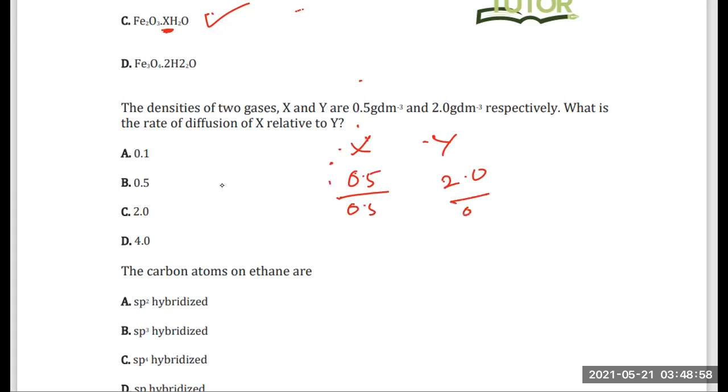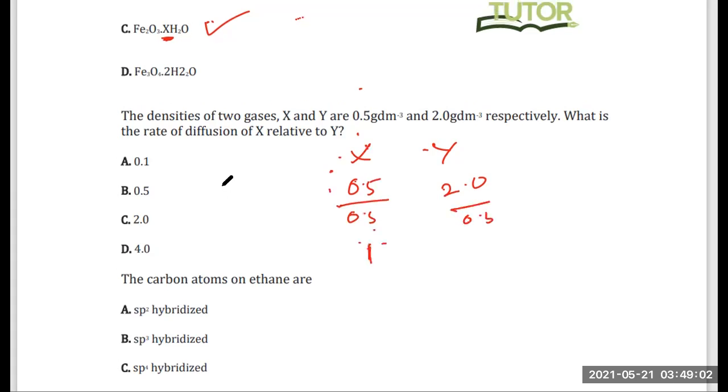So this ratio is 1 to 4. So definitely, the relation of X to Y means that X will be 4 times faster than Y. Since it has the lowest ratio, lowest volume, lowest mass, you expect it to be faster.